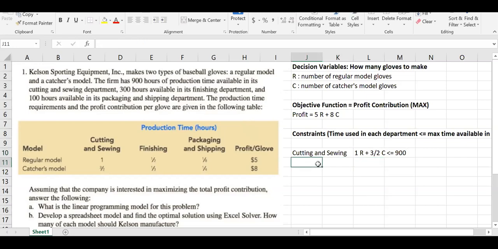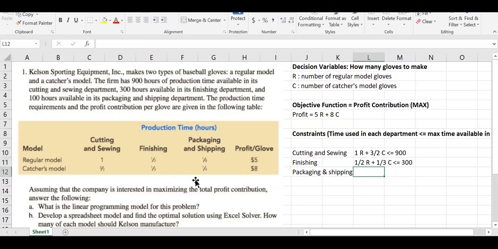All right, so cutting and sewing, finishing, packaging and shipping. For finishing, half an hour for each unit of R plus 1/3 of an hour for each unit of C, and this should be less than or equal to 300.